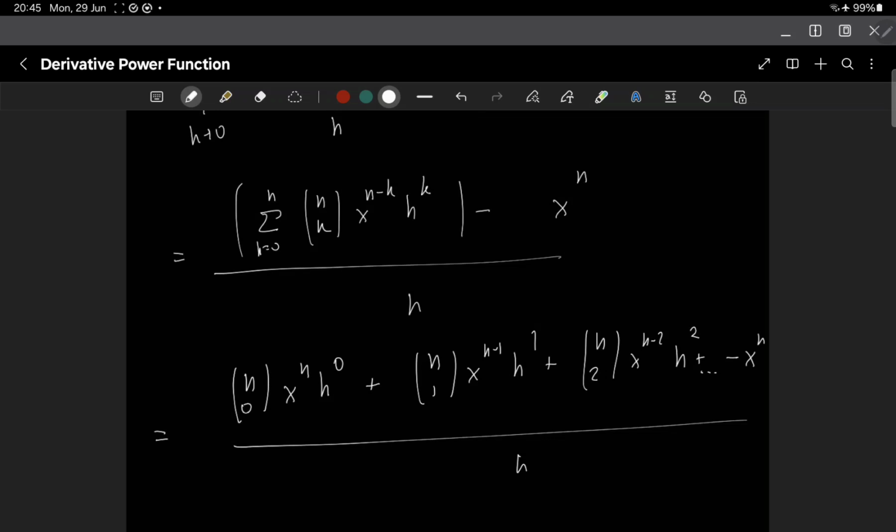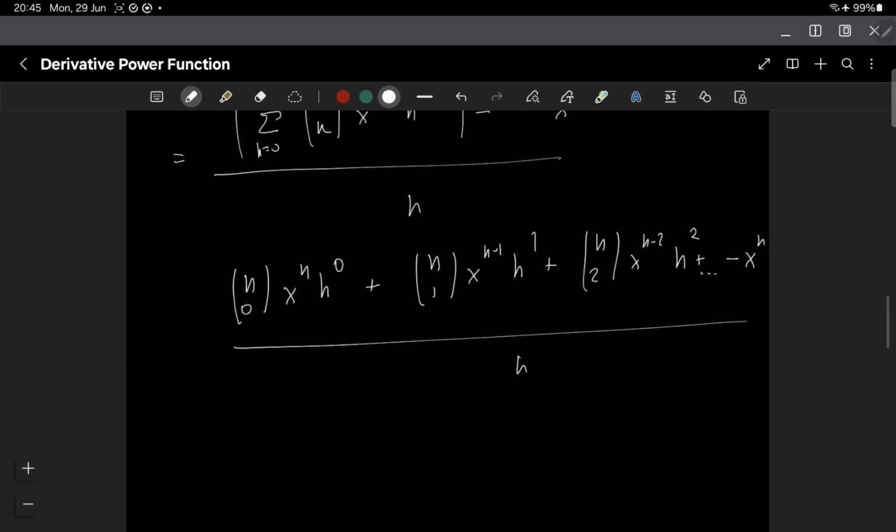All of that divided by h, in the limit as h tends to 0.